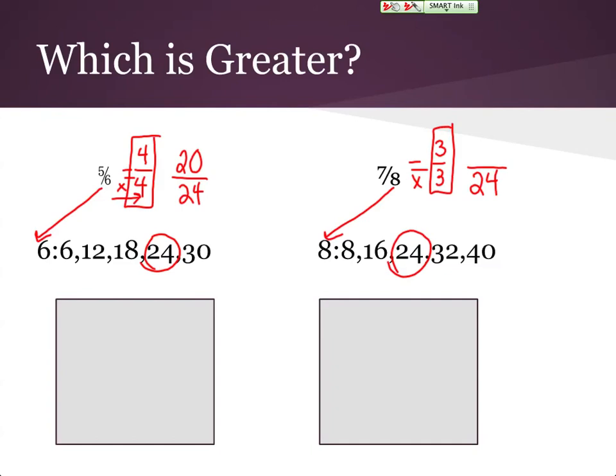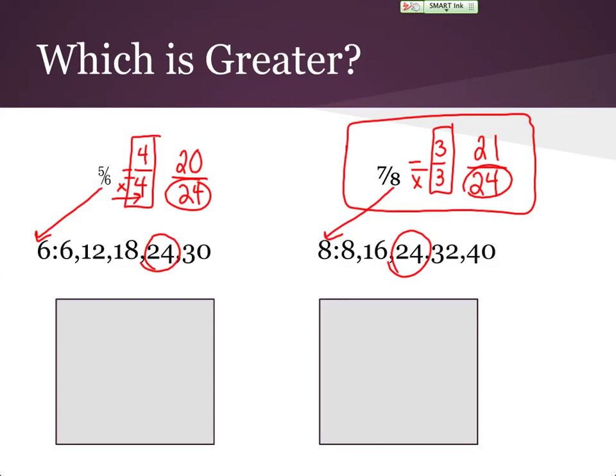Vivian? 21. So now, do they both have the same common denominator? Yes. Now can we compare them? This one is 20 over 24. This is 21 over 24. Which is bigger? Luke? 7/8. You could go ahead and stop the recording, please.